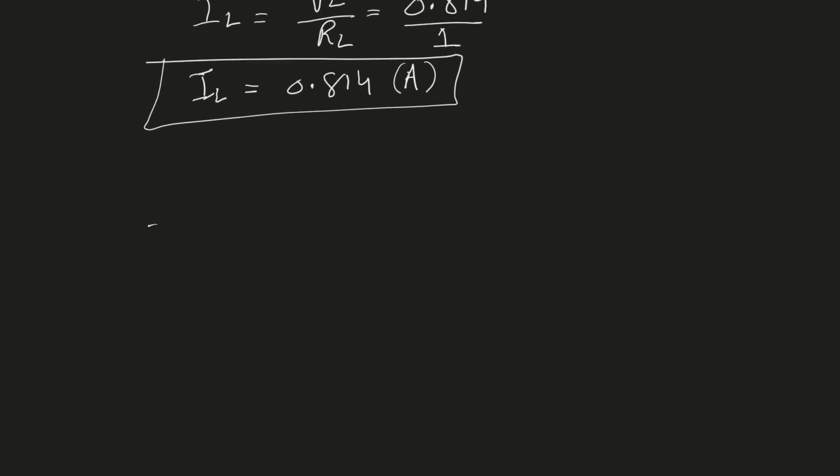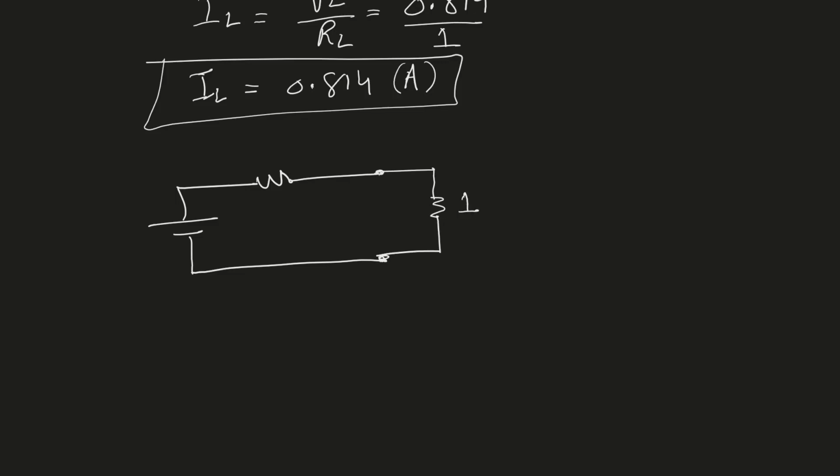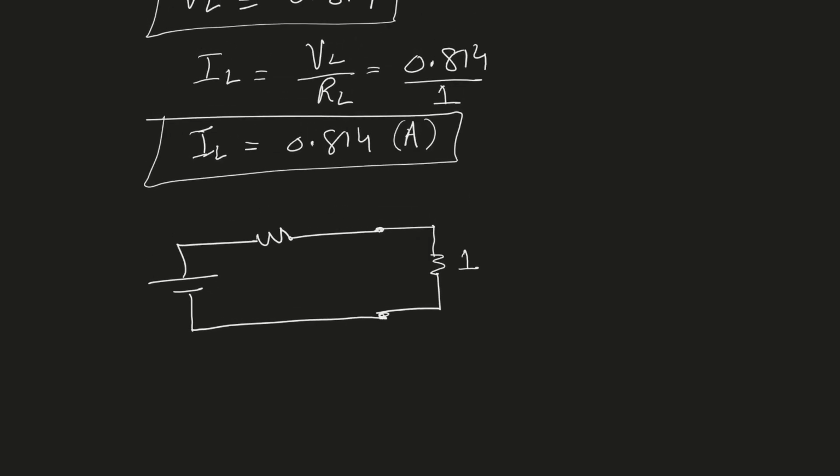So let's reconstruct our Thevenin equivalent circuit with a 1 ohm load connected. So you see these were our terminals, and I have a 1 ohm load connected. My Thevenin resistance was 9.75 ohms, and the Thevenin voltage was 8.75.